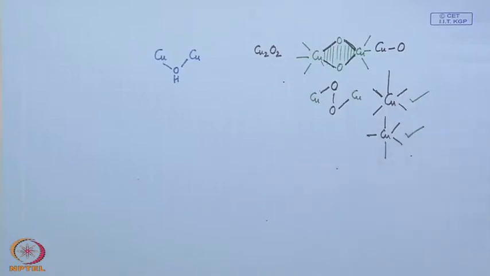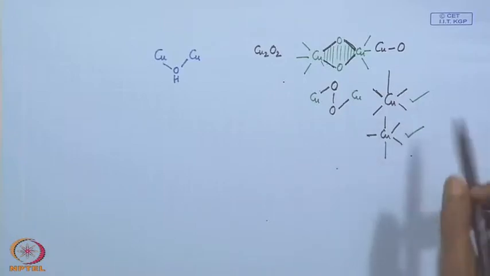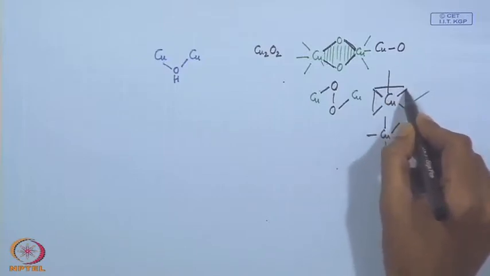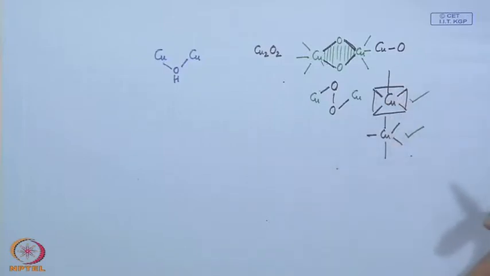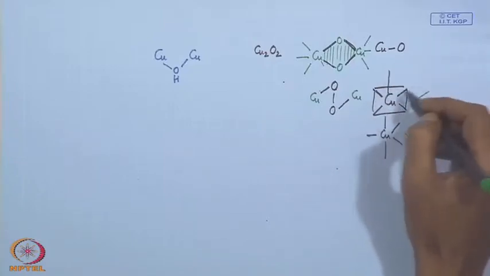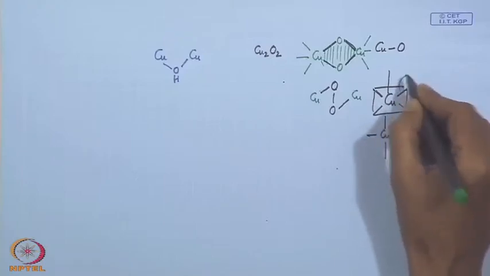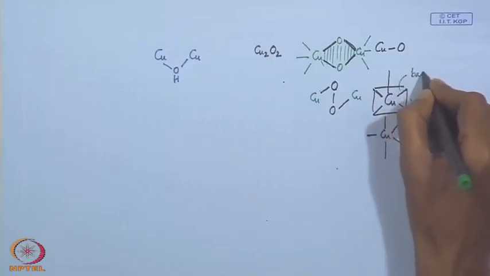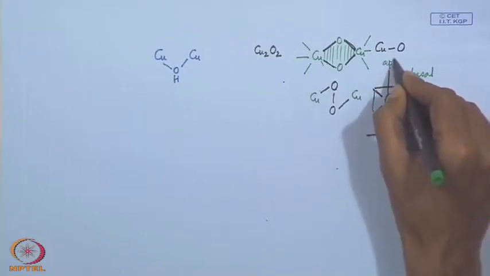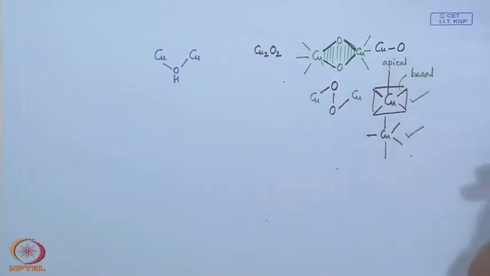And there we get that when you have a square pyramidal geometry, these 4 bonds are short compared to this apical bond. These bonds we call the basal bonds and these we call the apical bonds.